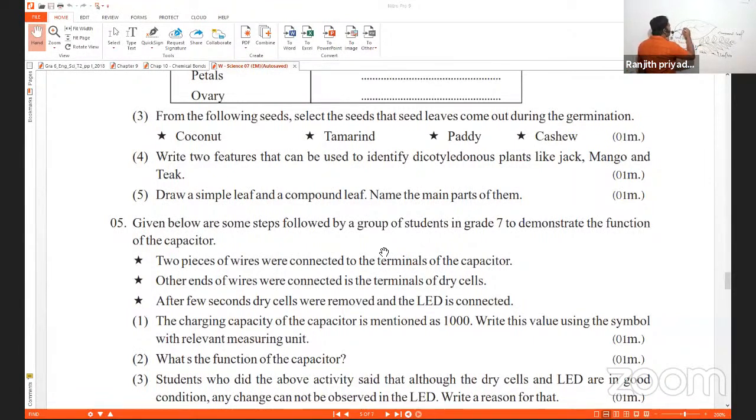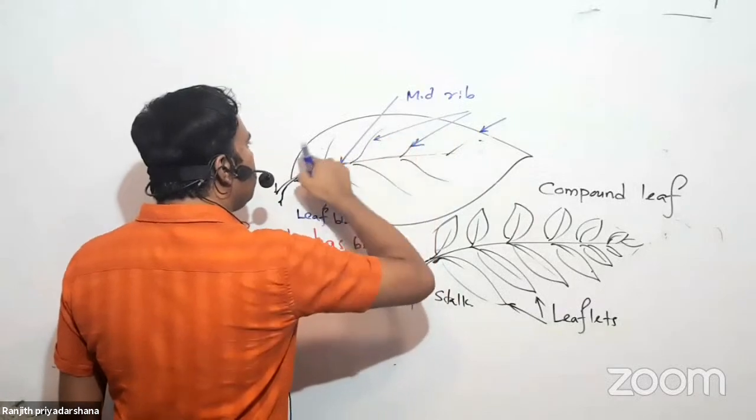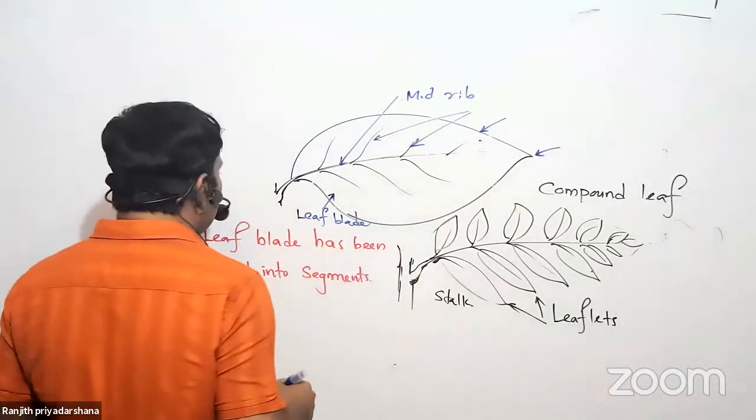What is this vein running through the middle? That's the midrib. What are these? Veins and veinlets. Then the leaf margin, the leaf tip, and the leaf base, where the leaf is connected to the stem, the stalk.